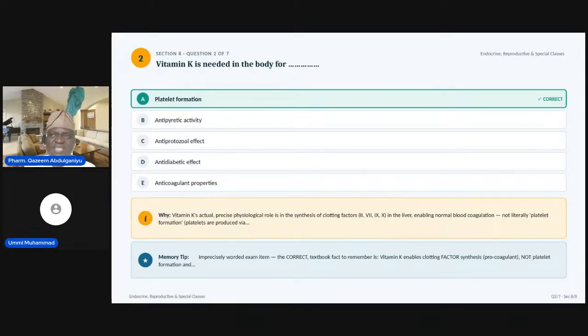So we might not necessarily say that it has a role in platelet formation, but it has a role in coagulation. There's an option that looks tricky here, anticoagulation property. So it's not directly anticoagulation, it is coagulation. So if this option was coagulation property and there's no platelet formation, that might be the best answer.